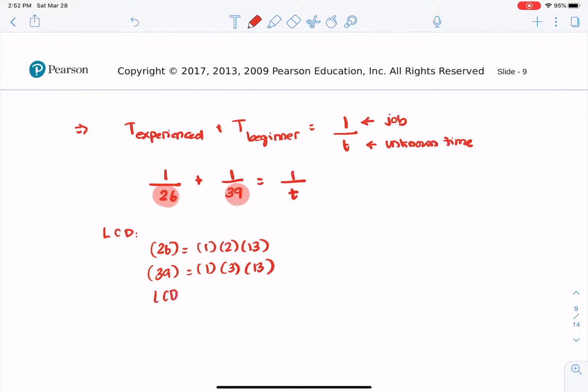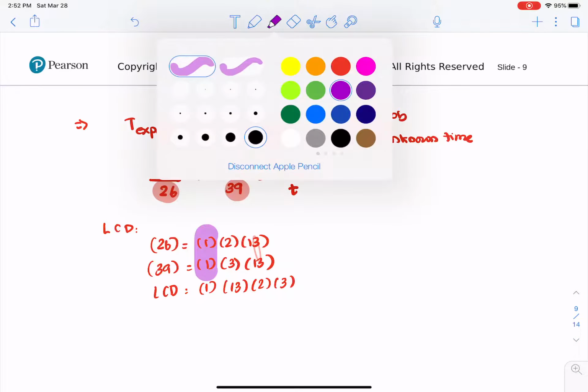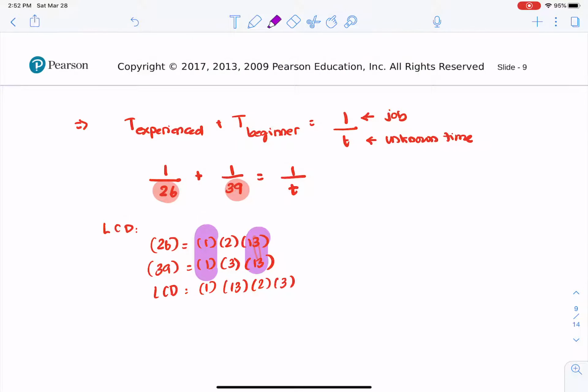So the LCD is, we have 1 in common, 13 in common, the 2 and 3 are left behind, so we just write them down. So that would give us 78.